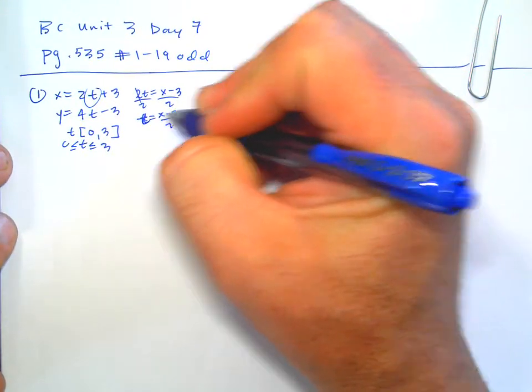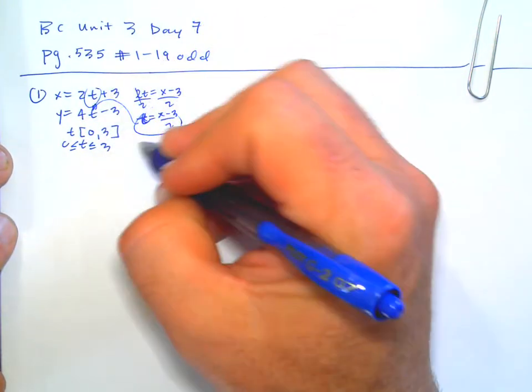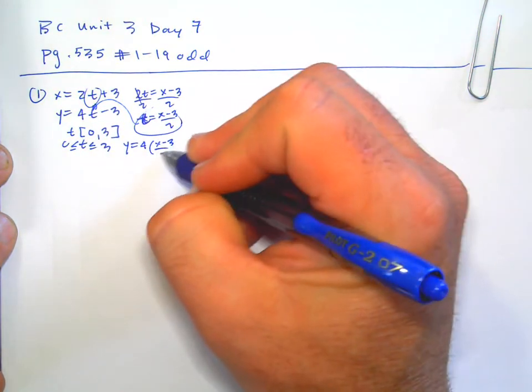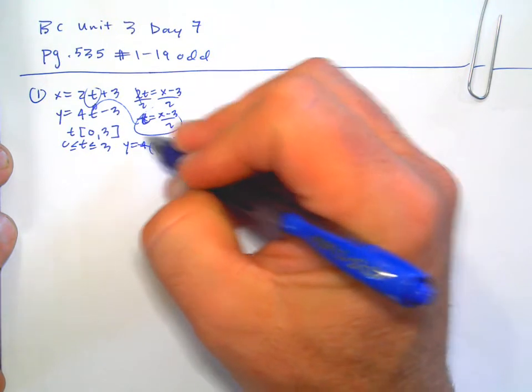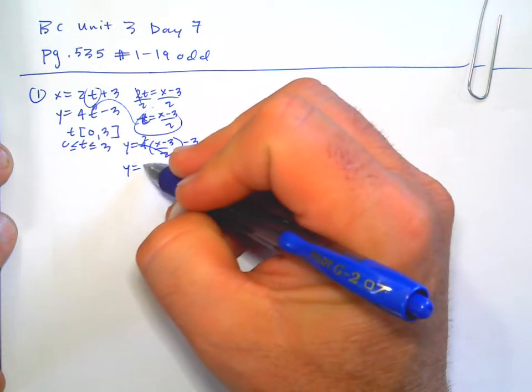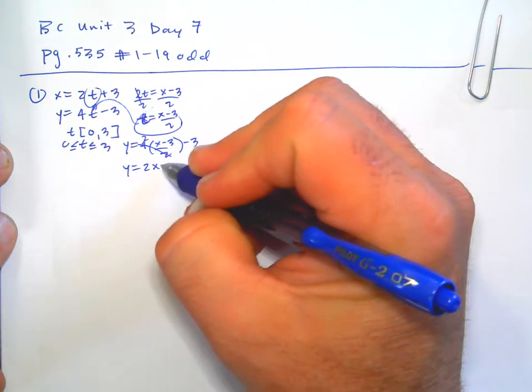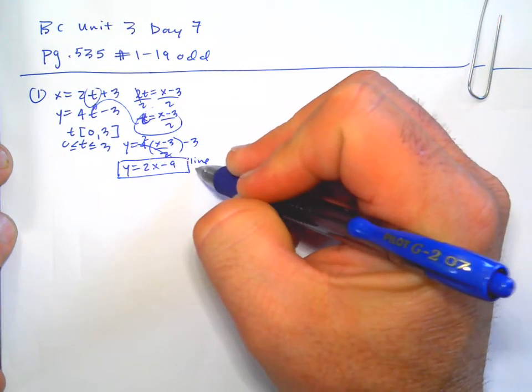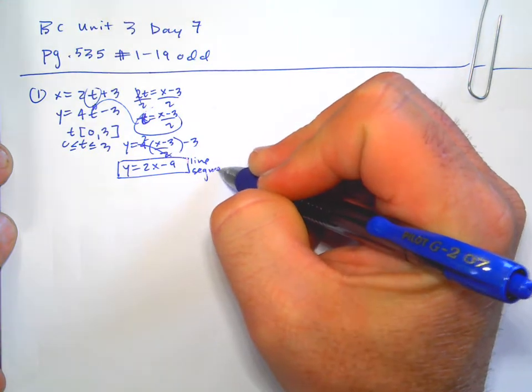I'm going to plug that into the other equation. Distribute: 2x minus 6, then 2x minus 9. So it's a line. It's going to be a line segment because of the restrictions on time.